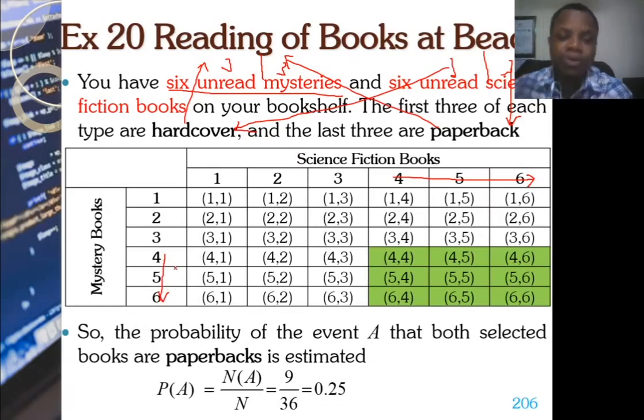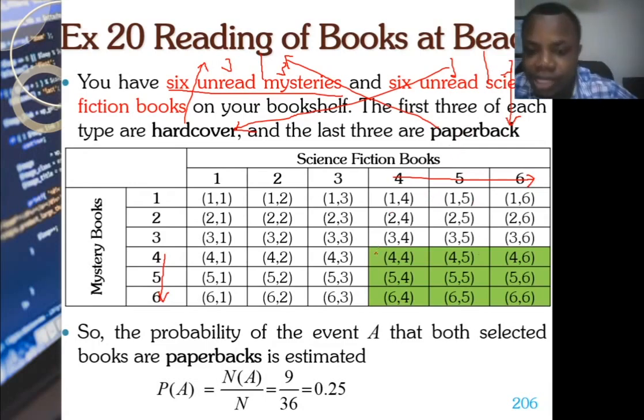So if we want an event where the randomly selected books are all paperbacks, it means that the only situation where this is going to occur is when we have the last 3 books of each type being selected. So in this case, we have the 4th book in mystery and the 4th book in science fiction, which are both paperbacks, because we said that the last 3 books are all paperbacks.